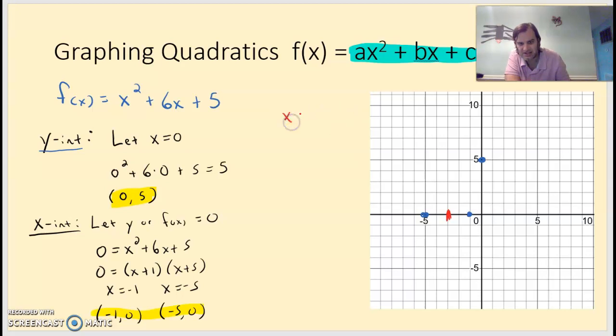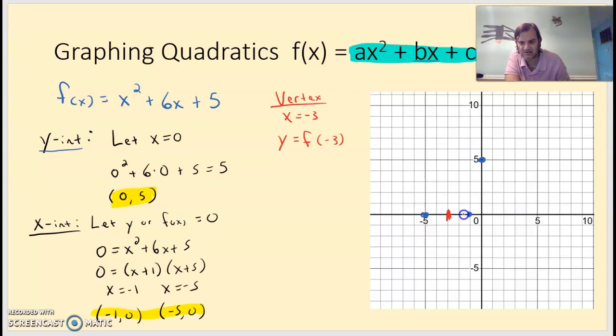So x equals -3 is kind of like the middle of this U shape. That's going to be called the vertex. We're going to work with that. But we also need a y value to go with it. So basically that means we're looking for f of -3. We might know where the middle is, but that middle could go down 1, it could go down 10. We don't know just how deep it is.